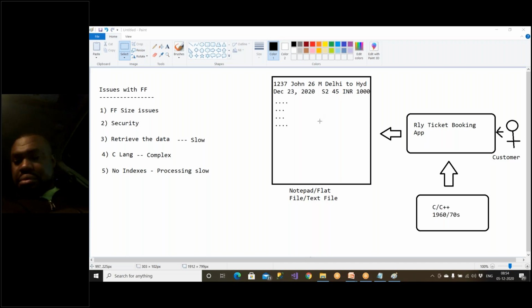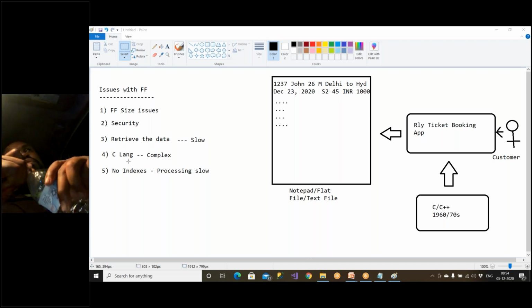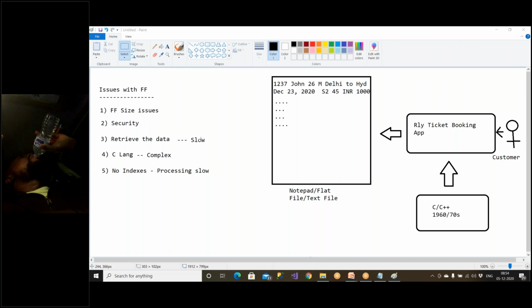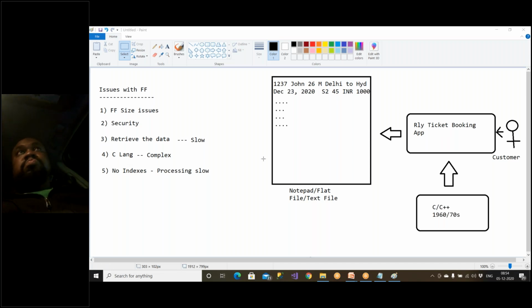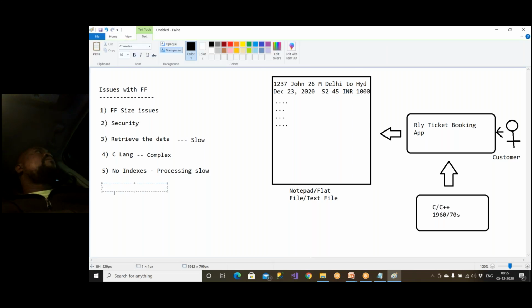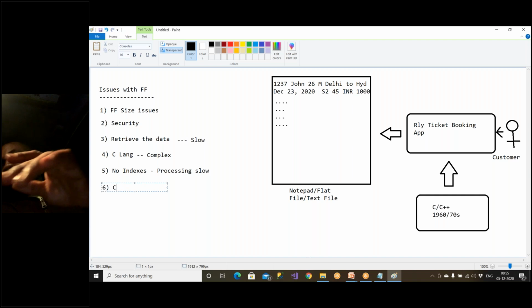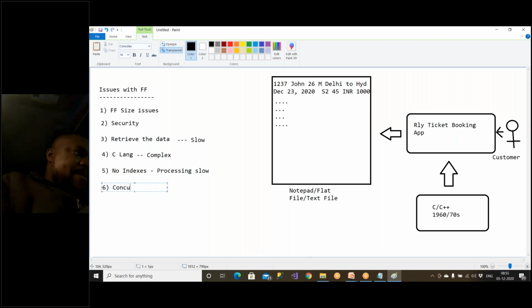That is very, very dangerous. And we were still using C language to retrieve the data, and to store the data we were still using C language only. We don't have anything else, right? So retrieving is slow, there are no indexes, and there are concurrency issues. A lot of concurrency issues started. What do you mean by concurrency?